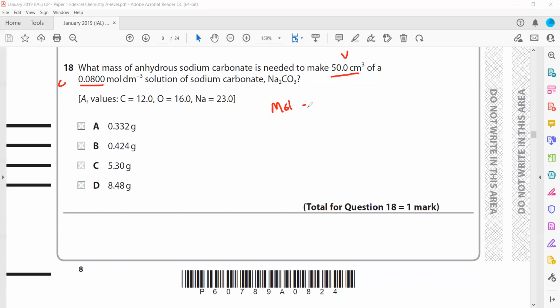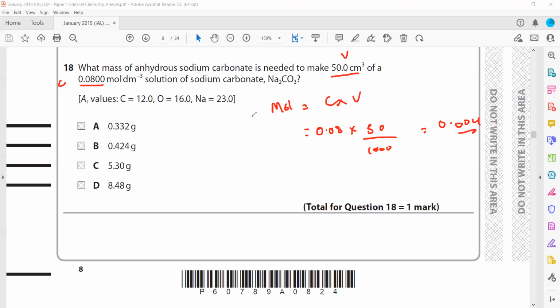Moles equal concentration into volume. Concentration is 0.08 and the volume is 50 divided by 1000, so it will be 50 divided by 1000 multiplied by 0.08. This will give us 0.004.